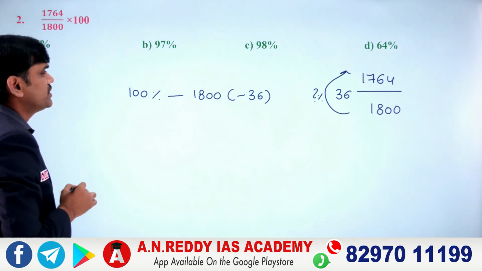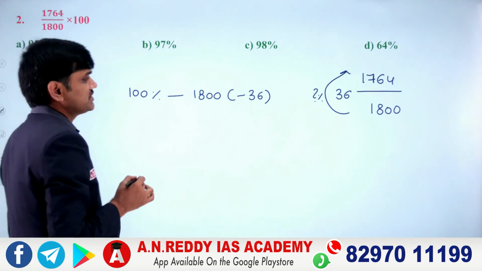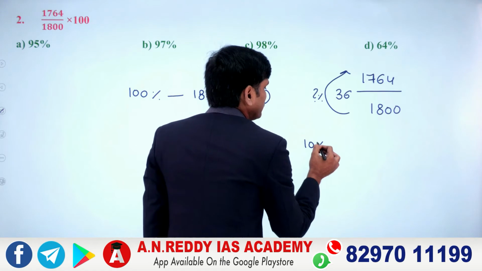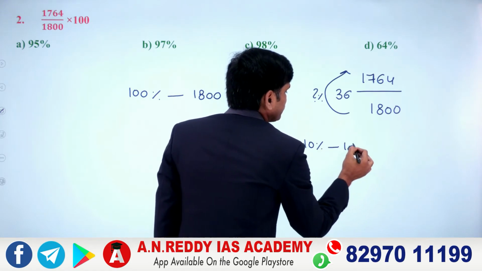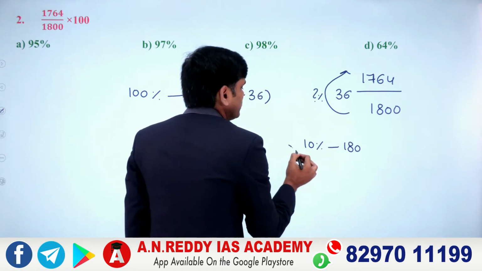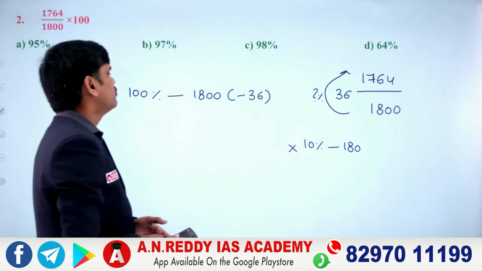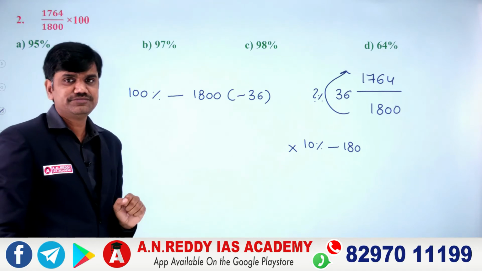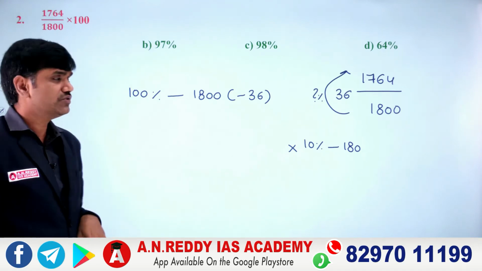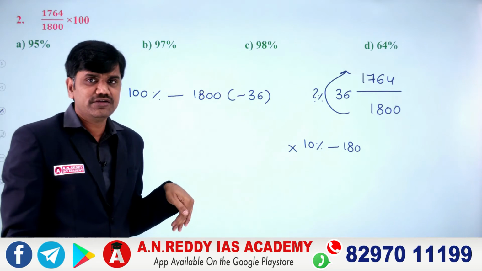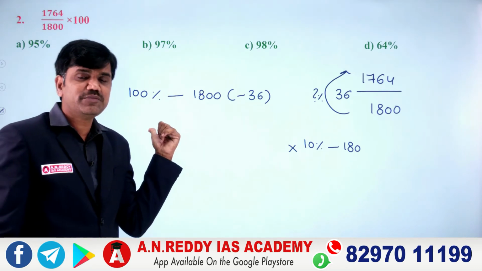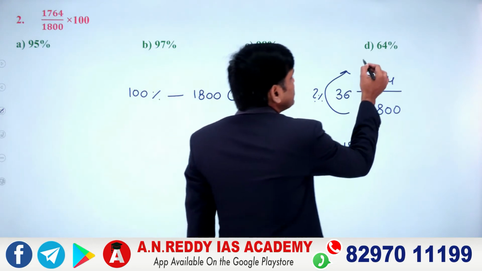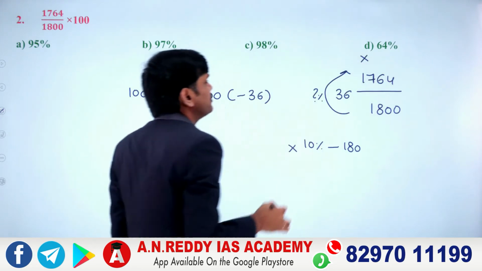Now my question is, can I remove 10%? What is 10% of 1800? 10% of 1800 is 180. Can I remove 10%? Definitely no. I cannot remove 10% from 100 means I can't even touch 90. From 100 I can't even go to 90 means my answer is more than 90%. So I am very much sure that my answer is more than 90%.